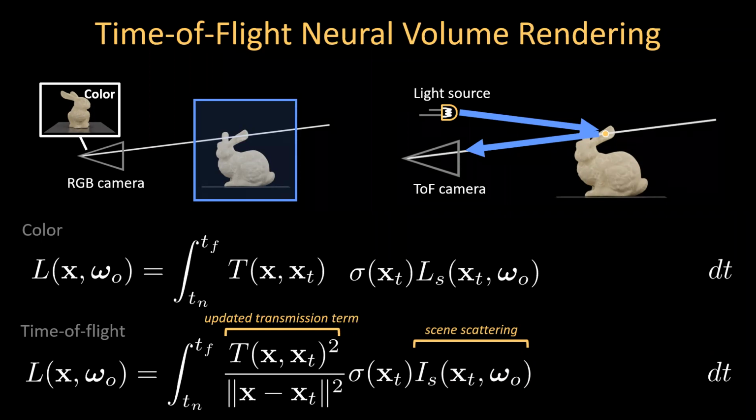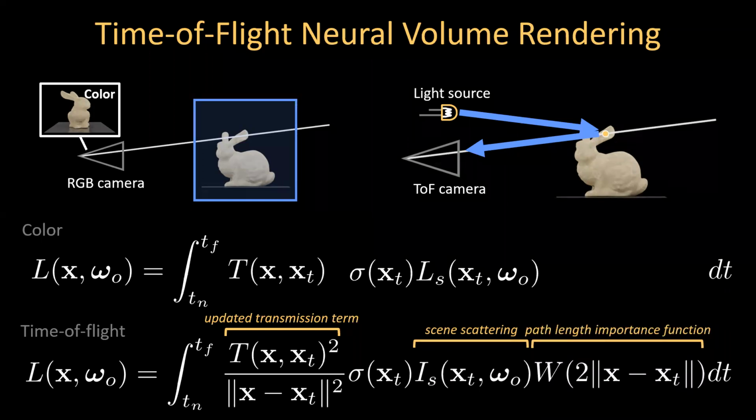We're going to introduce now a convenience function that's going to let us model multiple different kinds of time-of-flight sensors. This function we're just going to call W, and it relates to the length of the path that the light has traveled. So this x minus xt is, here's xt, here's x. It's just twice the length.